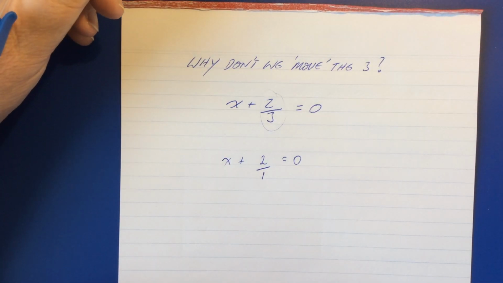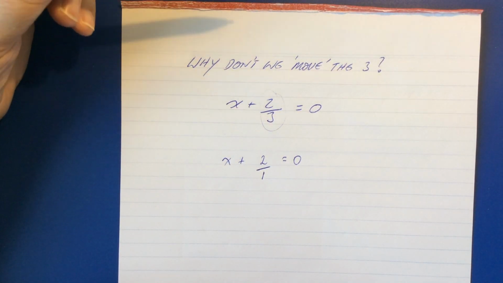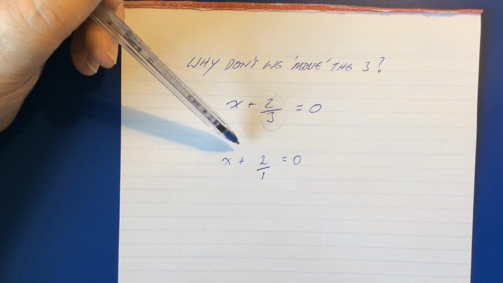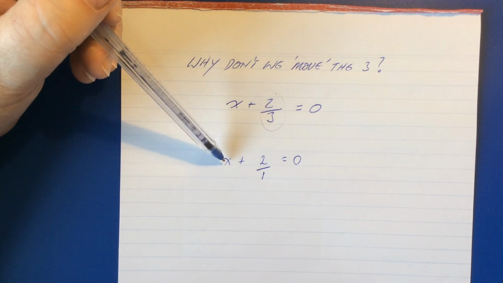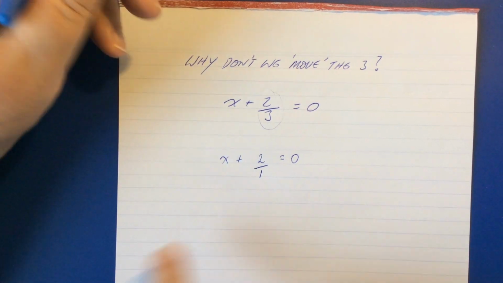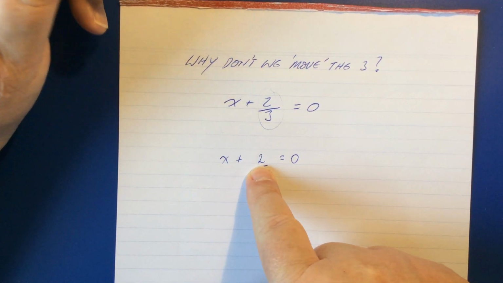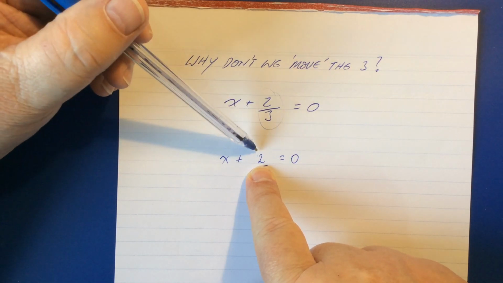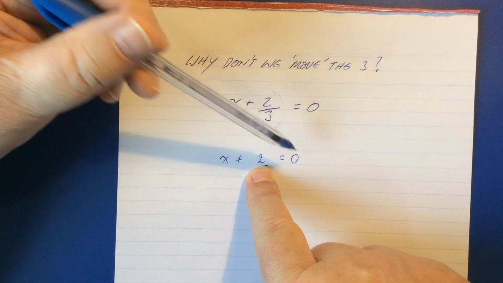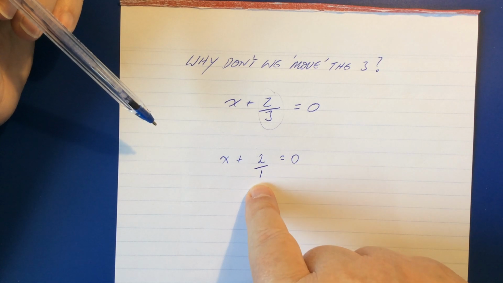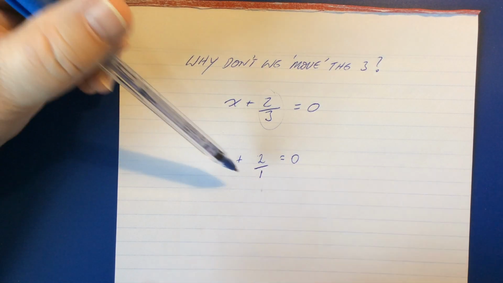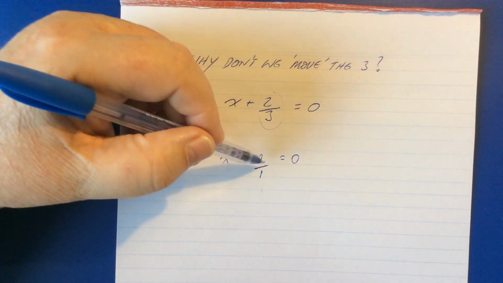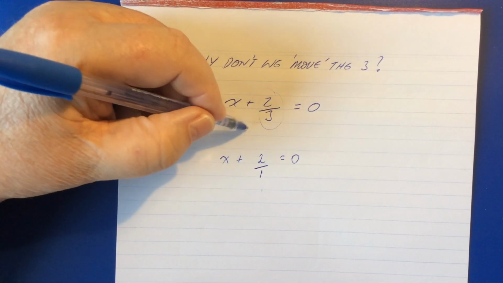Let's make it a little more interesting. We've got this. Now, what would you do? Well, if this weren't there, most of my pupils would say move the 2, subtract 2 from both sides, x equals -2. This might confuse them a little bit, but 2 divided by 1 is 2, so hopefully they could simplify that.